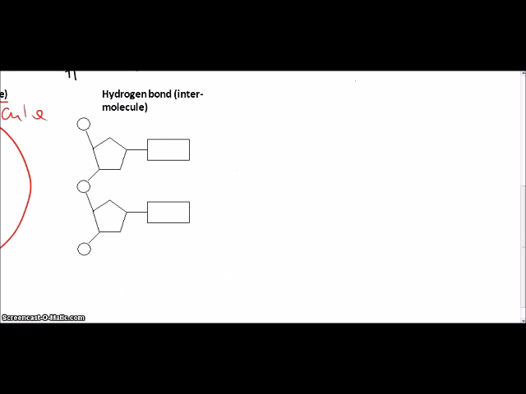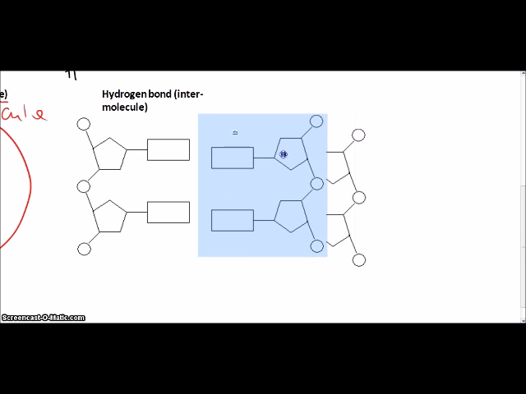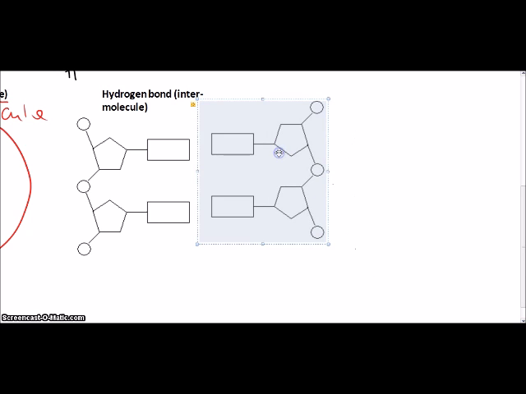molecule. So let's say I have a molecule of two nucleotides of DNA, and then I have another one upside down of the first molecule, and let's say this is a C, this is a G, this is an A, this is a T, and they have hydrogen bonding with each other, right?